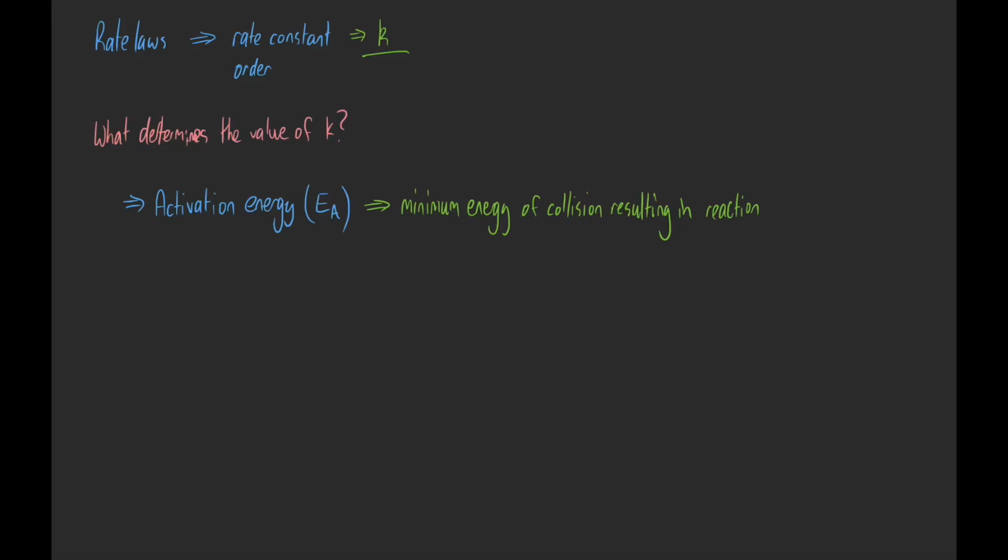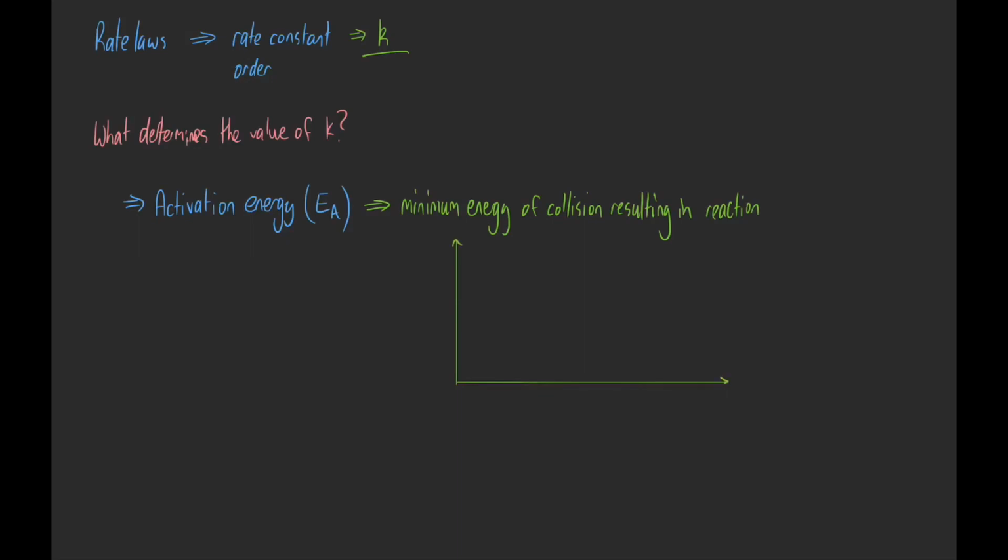So what does that mean exactly? Well, we can envision what the activation energy actually is by considering what's happening to the overall energy of our reacting system as the reaction progresses. So we're going to draw now just a couple of axes.